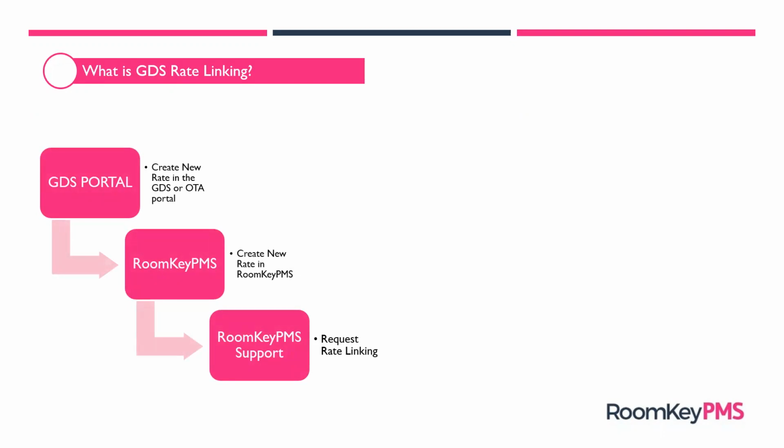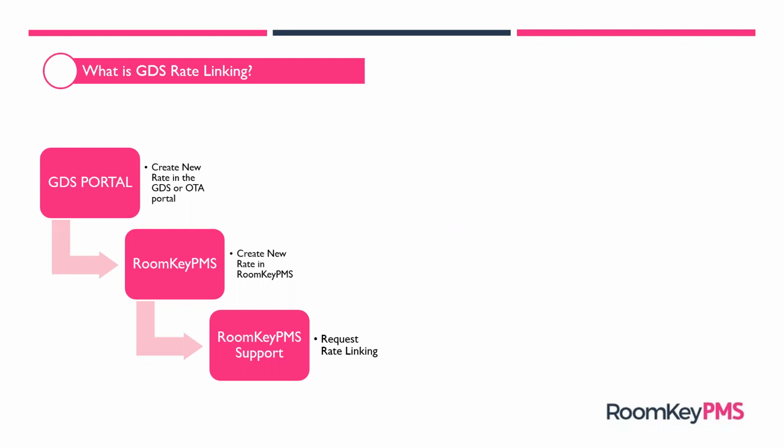So that could be your Synexus portal, or it could be an OTA, online travel agent, like booking.com or expedia.com. You would create your rate on that GDS portal first, and then in RoomKeyPMS, you would create your new rate in RoomKey. Then you would have to contact support, usually RoomKey support, but third-party support to request that those two rates be linked together.